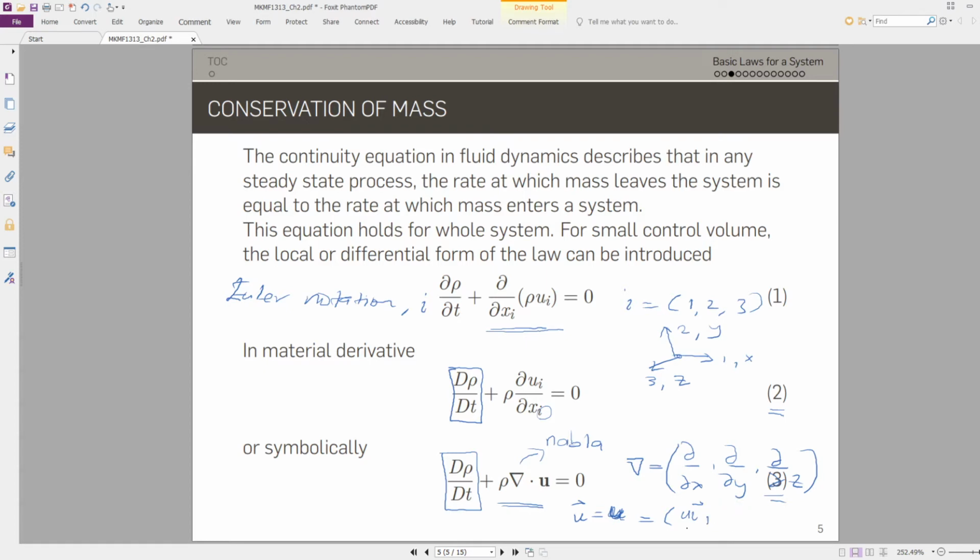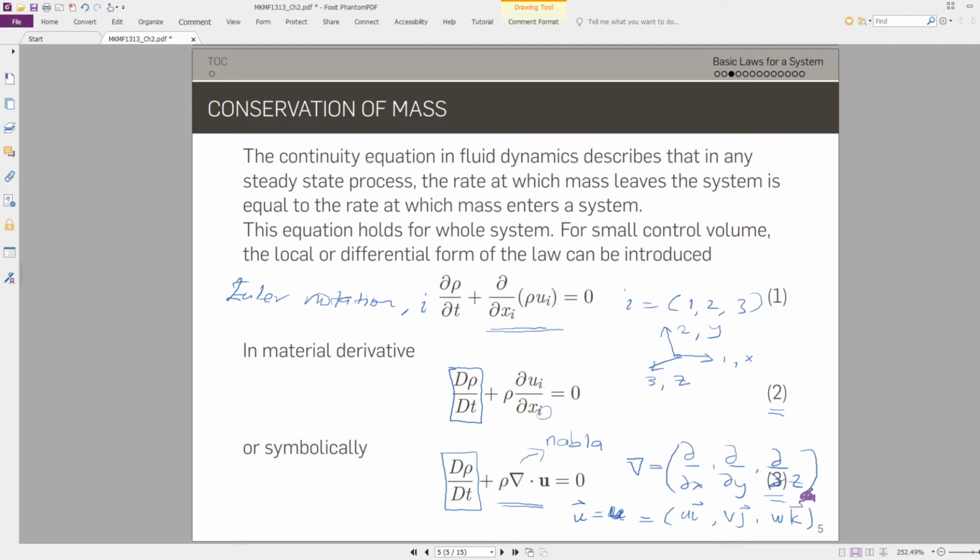We have the velocity in the y direction, which is v, in the direction of y, for which we use j, and then for the velocity in the w direction we use the index k.